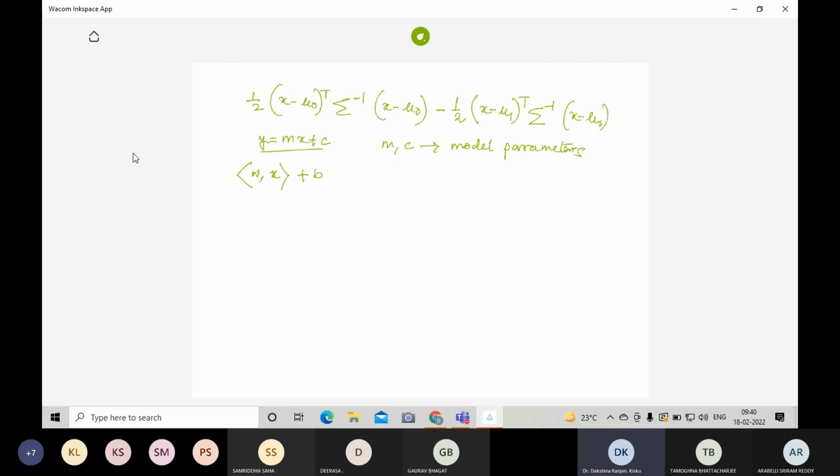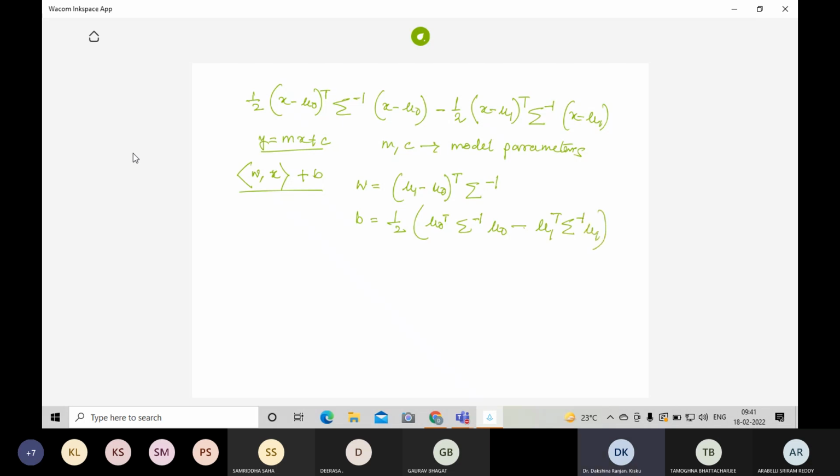This is the comparable form of the linear regression equation, where w is determined as mu1 minus mu0 transpose multiplied by sigma inverse, and b is determined as half of mu0 transpose sigma inverse mu0 minus mu1 transpose sigma inverse mu1.